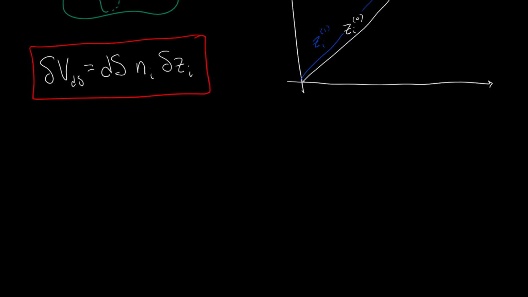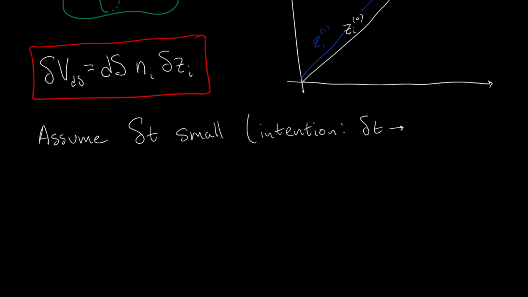So now we're going to assume that delta t is small, with the intention being that we're going to end up taking delta t to 0 to find the instantaneous rate of change of the volume. That's what we want.